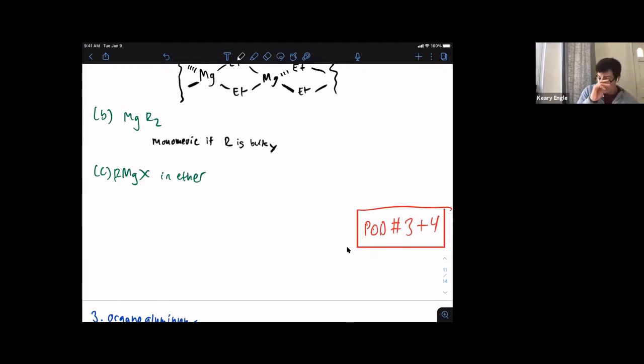And so we often handle our Grignard reagents in ethereal solvents. So let's consider that case now formally in terms of what the actual solution state structure looks like. So this is a tetrahedral solvate.